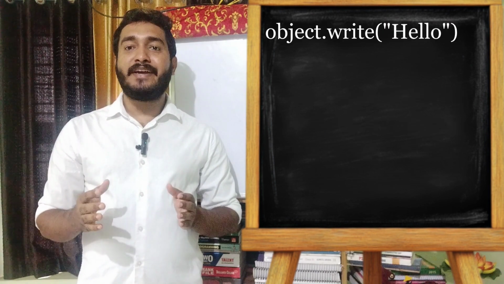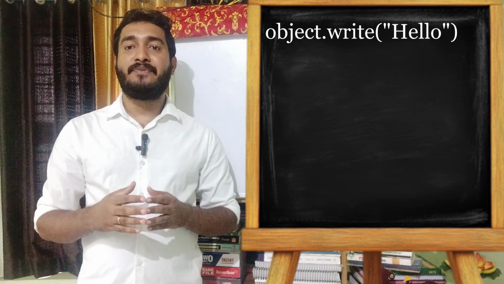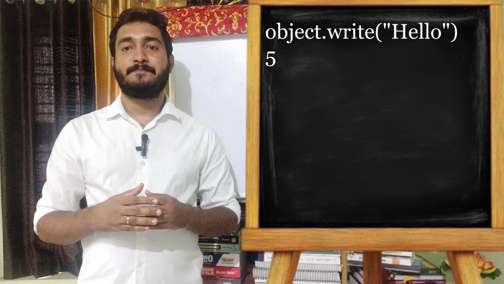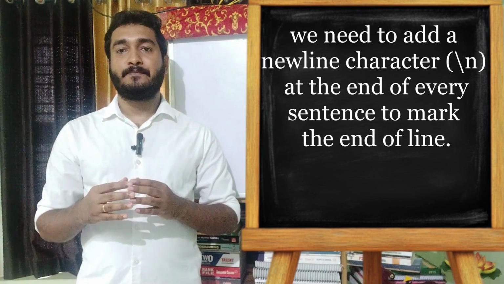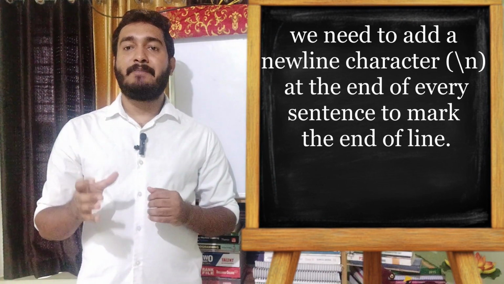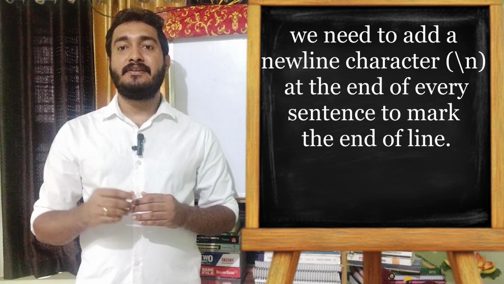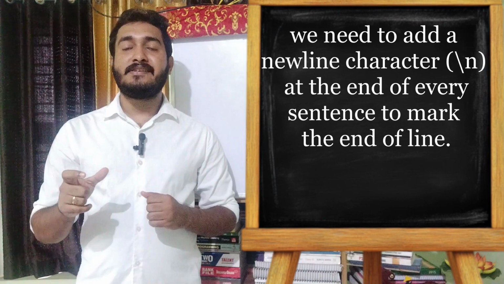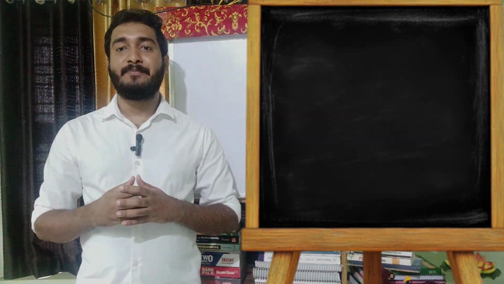For example, if you write hello onto the file using the write method, it will return 5 because hello contains 5 characters. I said that the write method accepts a string as an argument. If the string contains multiple sentences, each sentence should end with a \n character to mark the end of the line. So we will see an example for the write method.